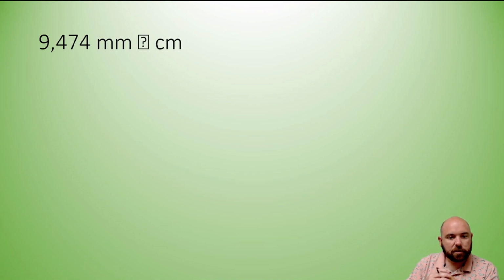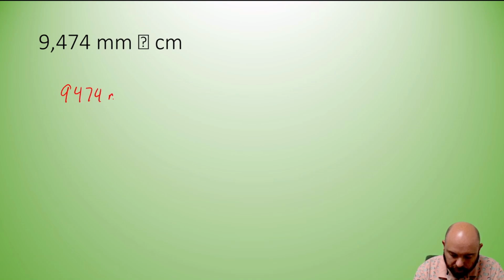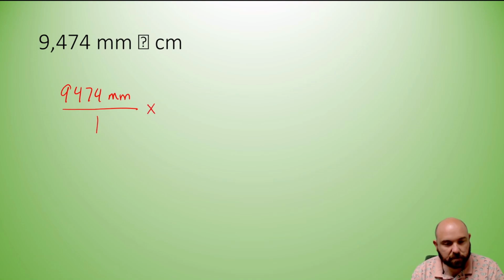Here on this slide, we are going to convert 9,474 millimeters to centimeters. This is a little bit more straightforward of a problem, honestly. So we will write down what we know. We know that there are 9,474 millimeters that we are being asked to convert to centimeters.